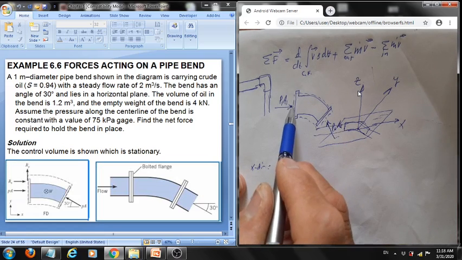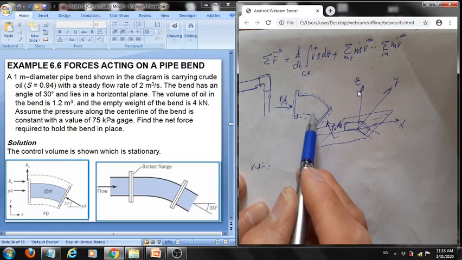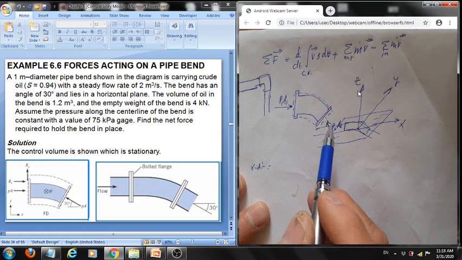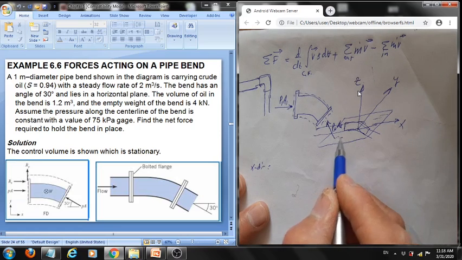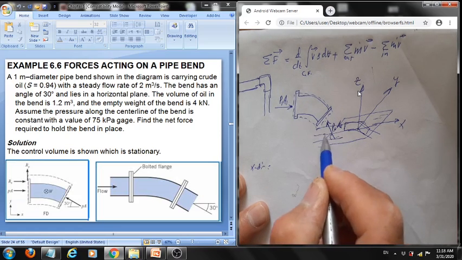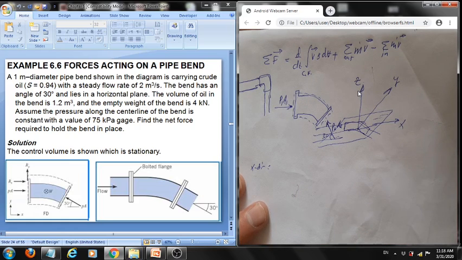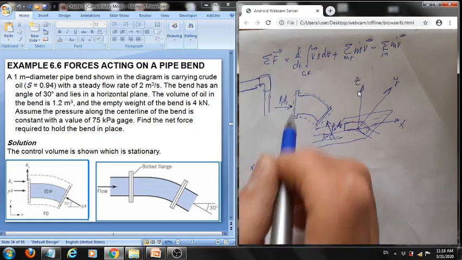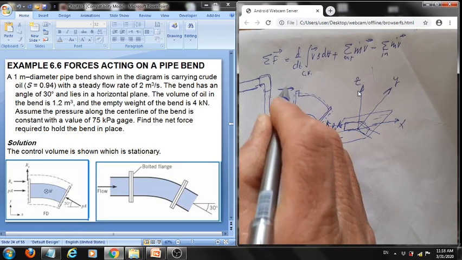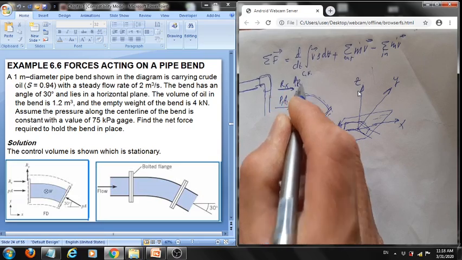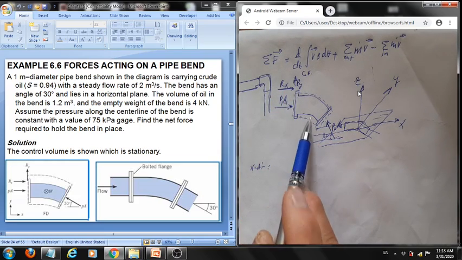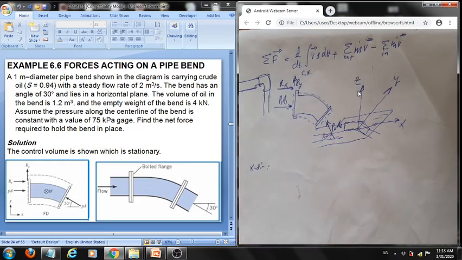But remember, according to the problem, that P does not vary, it remains constant along this line. So P2 and P1 are equal, but its direction has changed, which is now 30 degrees from the horizon. Okay, and then in addition, we identify Rx and Ry, which are necessary to hold this bend in the X and Y direction, in addition to the Z, which we'll talk about later in a few minutes.